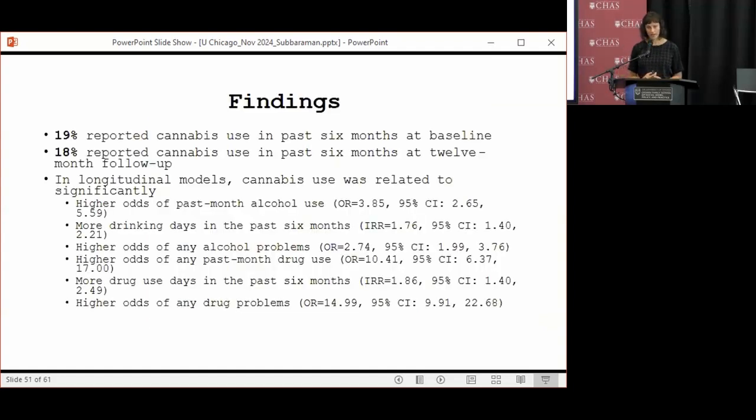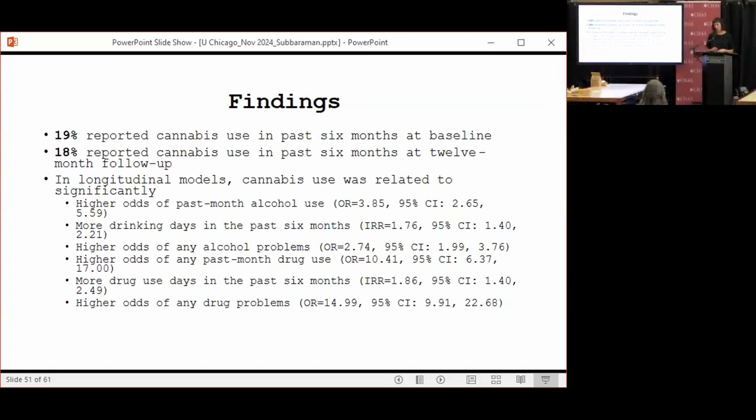So what did we find? In the multi-level sample, we saw that about one-fifth of participants reported past 6-month cannabis use at baseline, and that this remained steady by the end of the study. So at the 12-month follow-up, we still had about one-fifth of participants reporting cannabis use in the past 6 months.